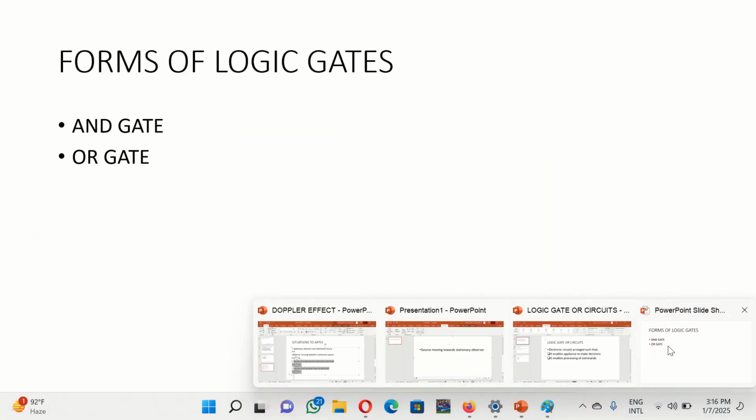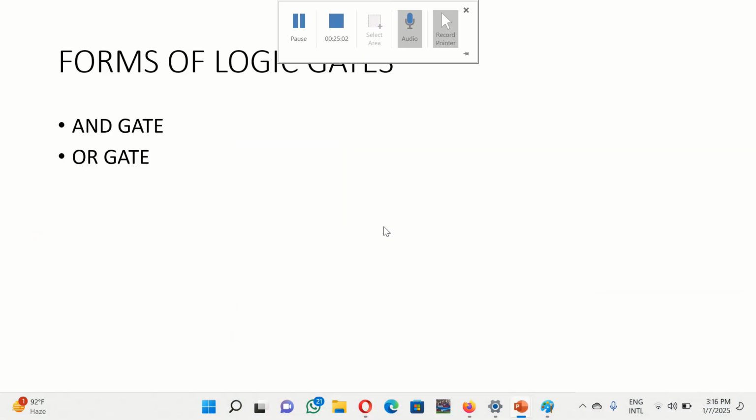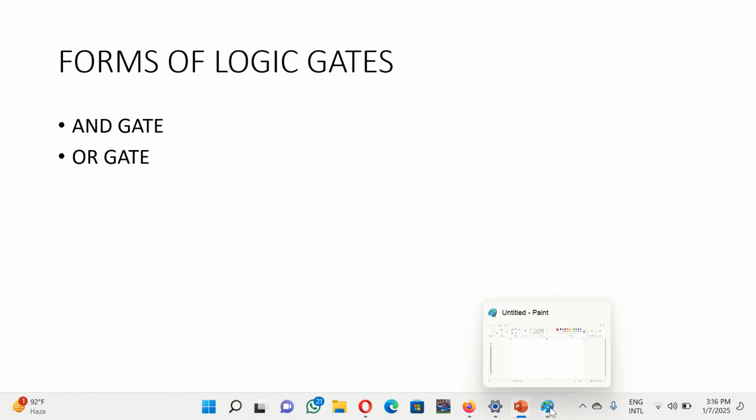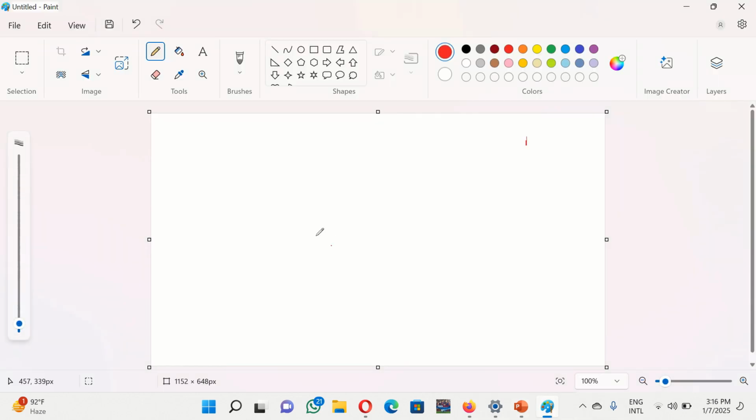Otherwise, you have 0. So let's look at OR gate. The symbol for OR gate is like that.